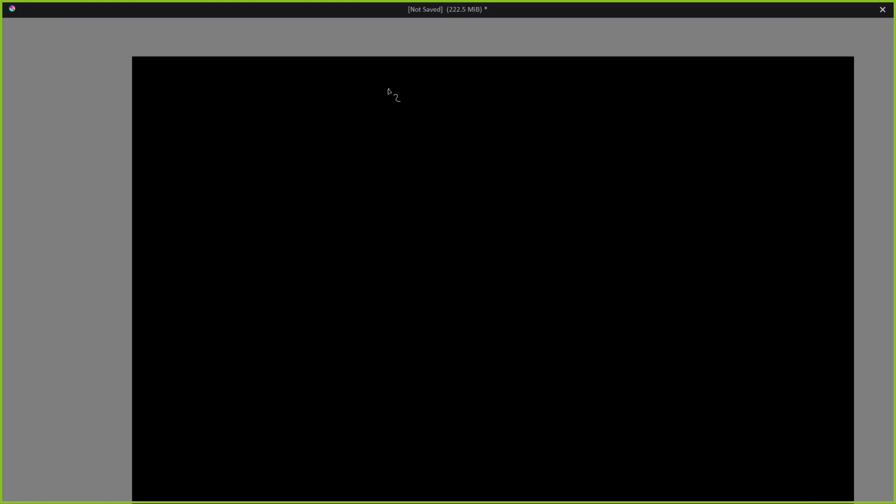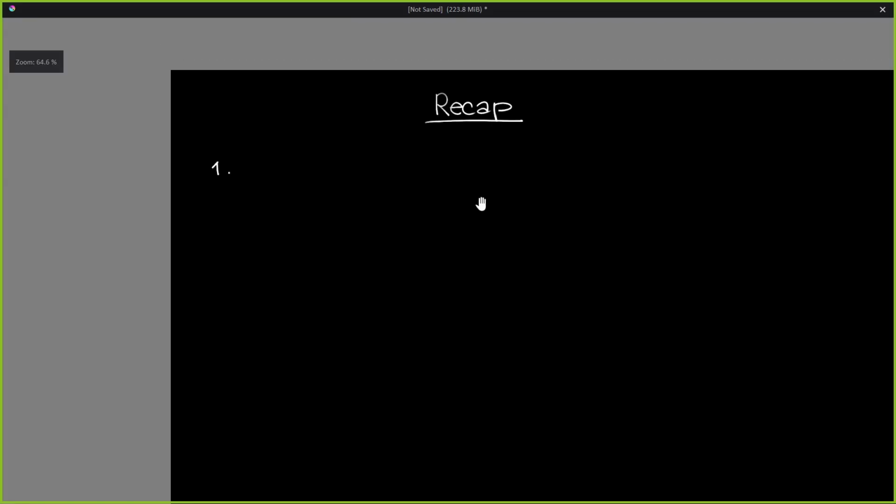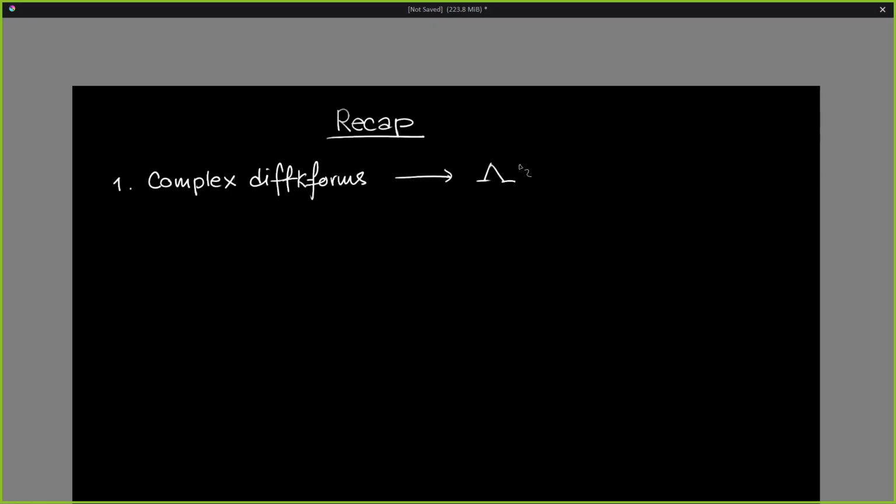So let's recap what we did today, and we'll do a little preview of what we're going to do next time. Firstly, we made a little correction: I mistakenly said, or left it ambiguous, that complex differential k-forms were from lambda k T star M. They're not.